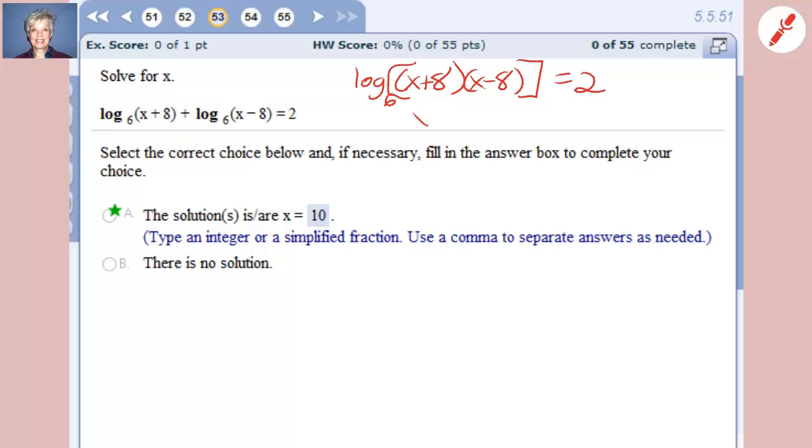So, x plus 8 times x minus 8 is going to equal 6 to the 2 power. So we're going to have x squared minus 64 equals 36.